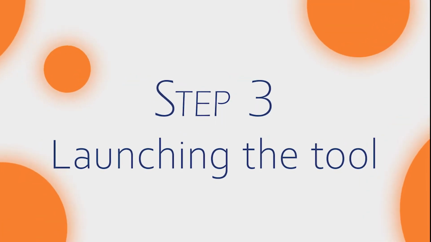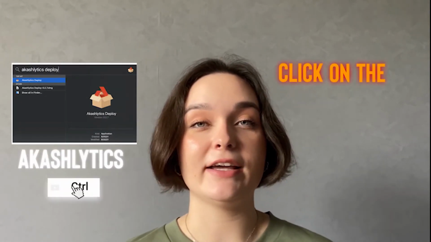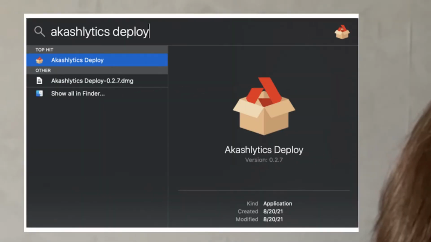After installation, Mac will prompt the user to move the Akashlytics shortcut to the Applications directory. Drag the Akashlytics Deploy icon to the Applications folder. After successful installation, open Finder and enter Akashlytics Deploy. Click on the icon while holding down the Ctrl key. In the dialog box that pops up, select Open.